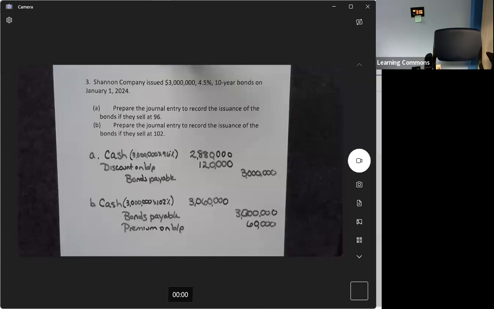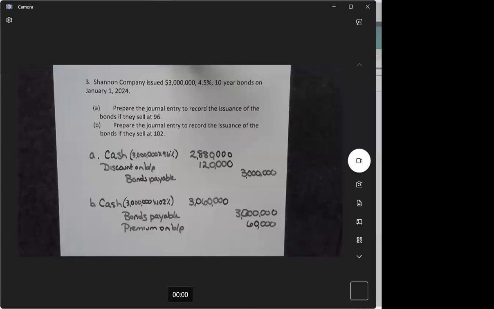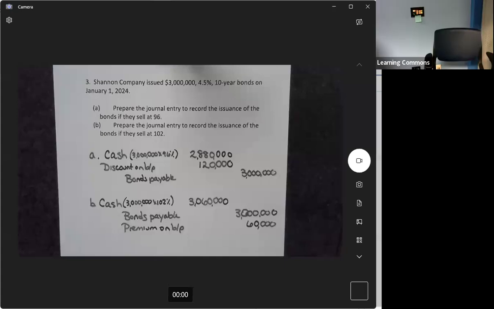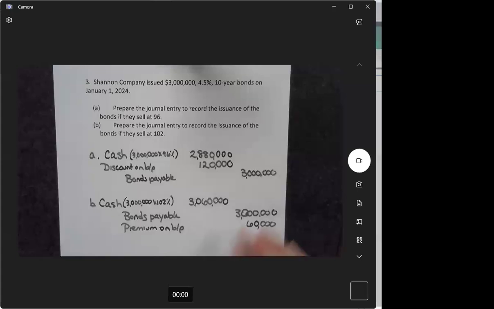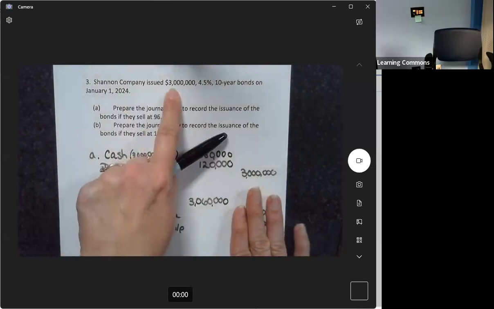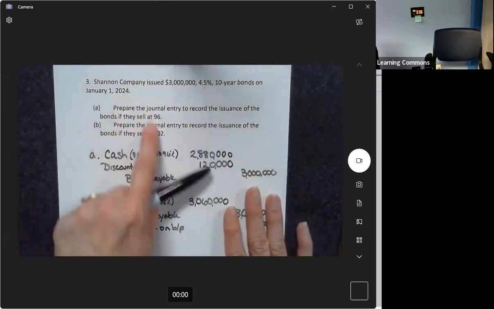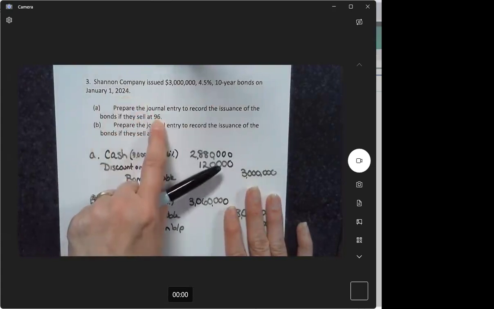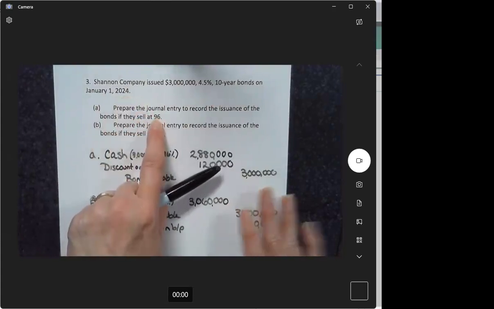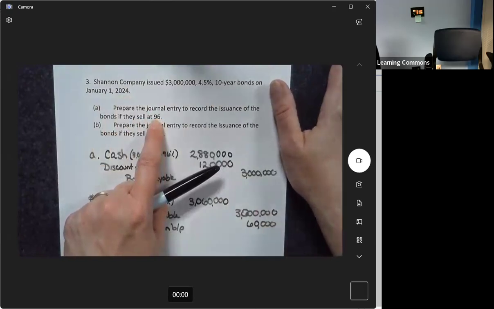And it all relates to how the stated rate of interest on a company's bonds compares to the market rate. So for instance, in this example, we've got $3 million worth of 4.5% 10-year bonds. Well, if we look at the first scenario where it tells us those bonds sell at 96.